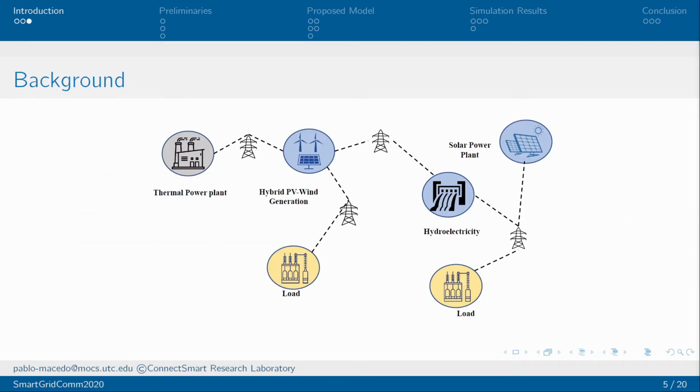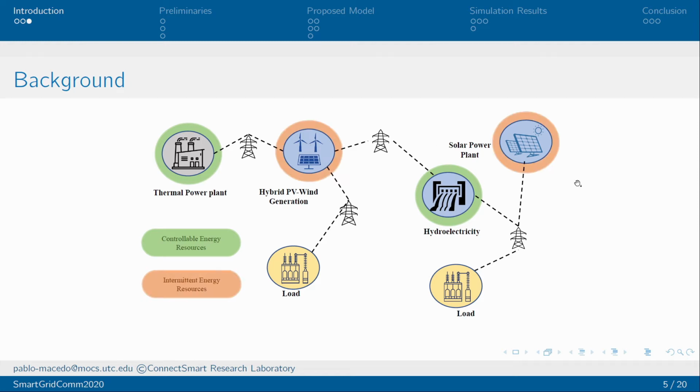In this next slide, you see a scheme showing an example of how diverse a transmission system can be. It has traditional energy sources such as thermal power plants and hydropower, and then you have inverter-based energy resources such as wind generation and solar power plants. As mentioned previously, those resources are intermittent.